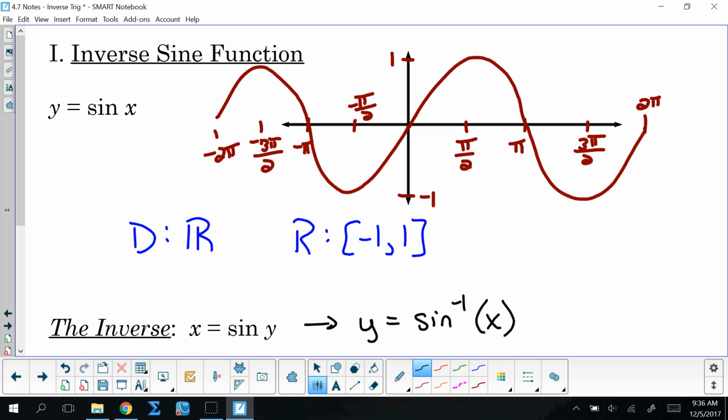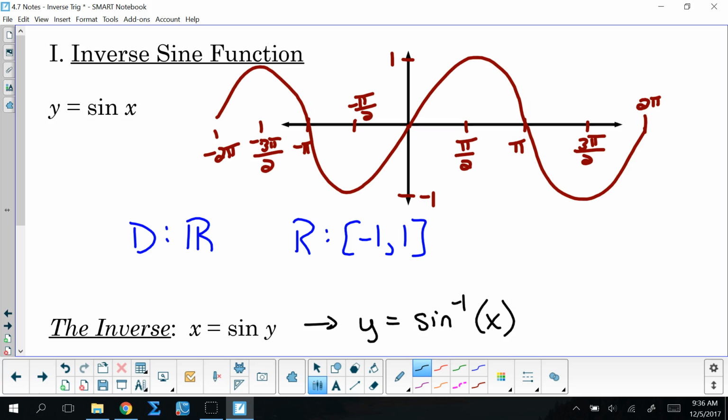Now, to make the inverse, what did we do? We first switched the x and the y, right? Then we solved for y.